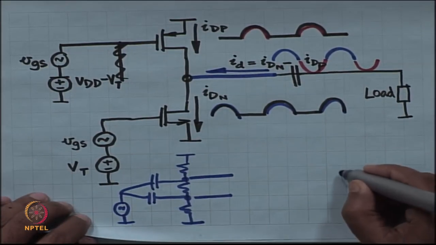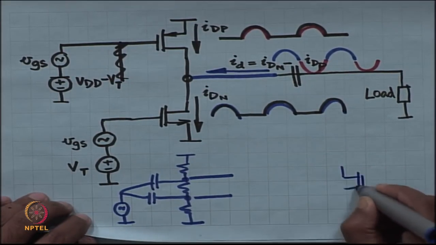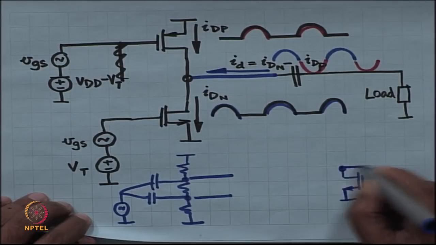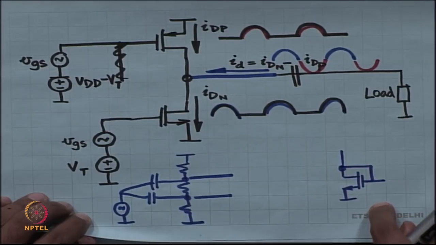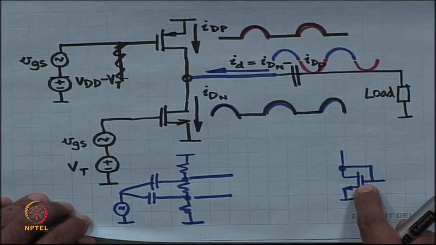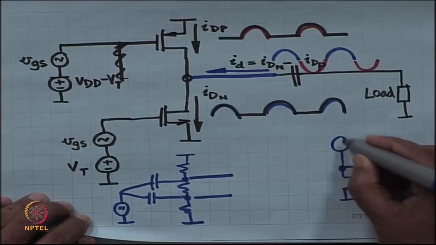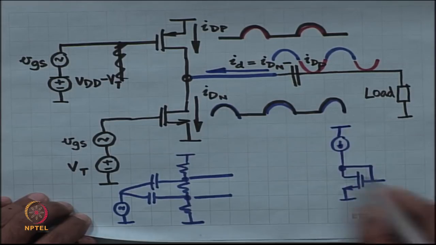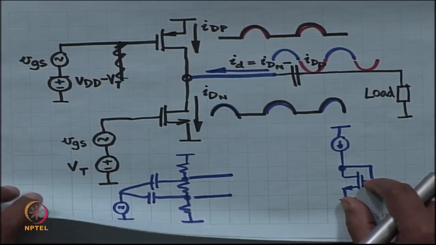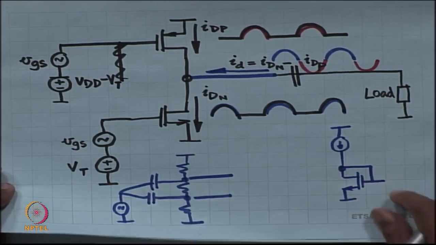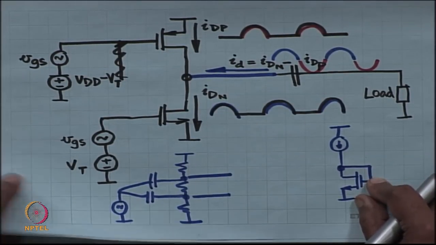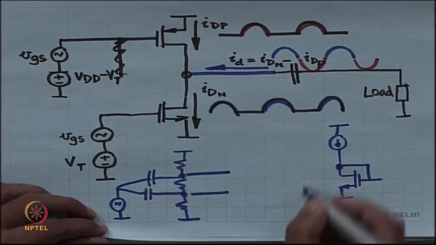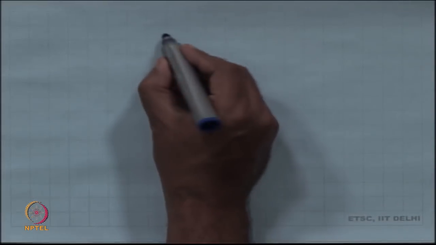Okay. VT of the NMOS can be obtained by pushing a small current through a large N channel MOSFET. If I push a small current through a large N channel MOSFET, VGST required for this MOSFET is going to be very low, which means that this is just going to be VT. So, for example, this bias network could be built in this fashion.